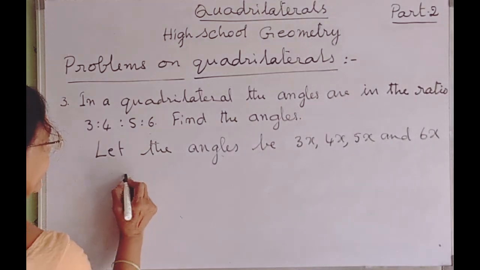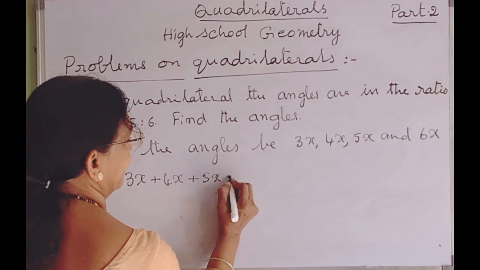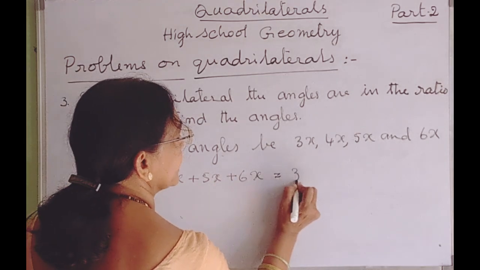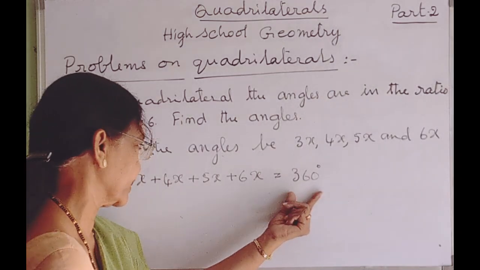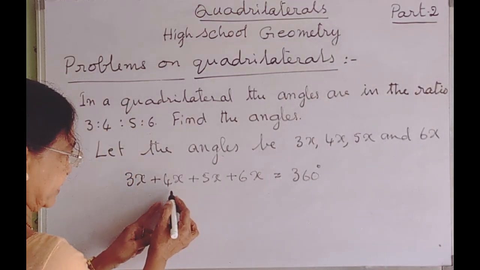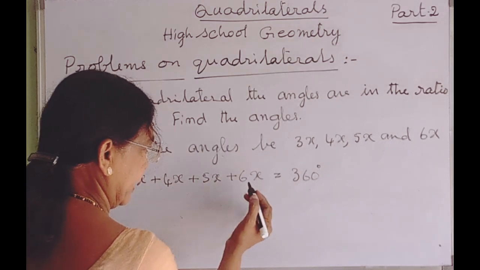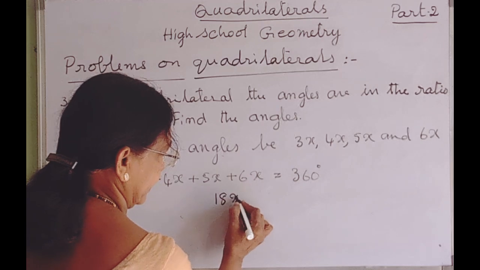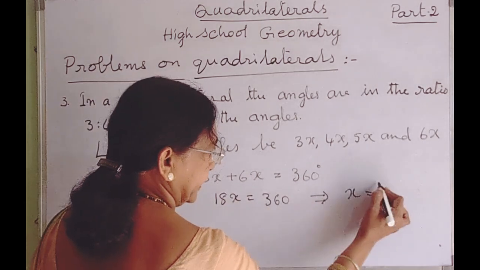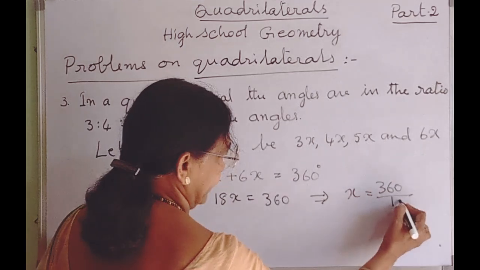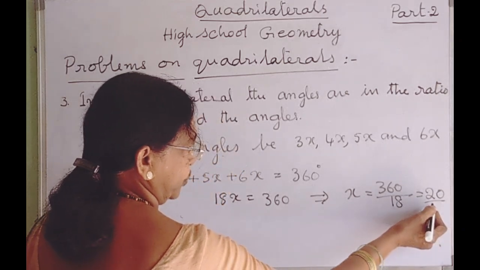Then the sum of the angles 3x plus 4x plus 5x plus 6x is equal to 360, because the sum of the angles in a quadrilateral is equal to 360. 3x plus 4x is 7x, 7x plus 5x is 12x, 12x plus 6x is 18x. 18x is equal to 360, or x is equal to 360 divided by 18. So x is equal to 20.